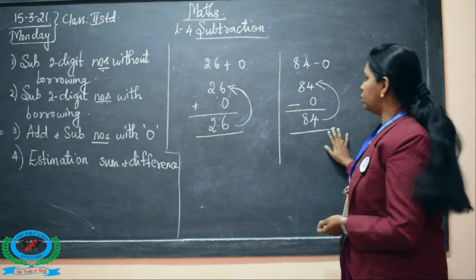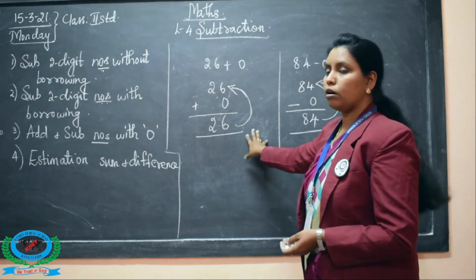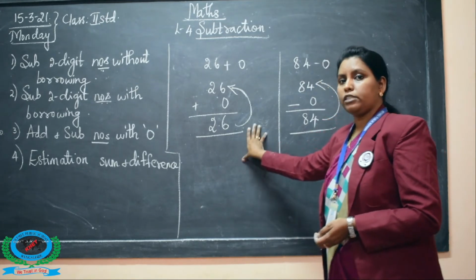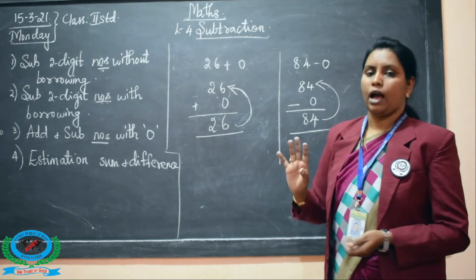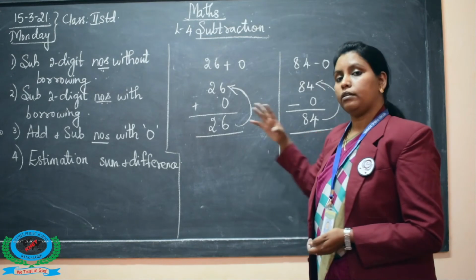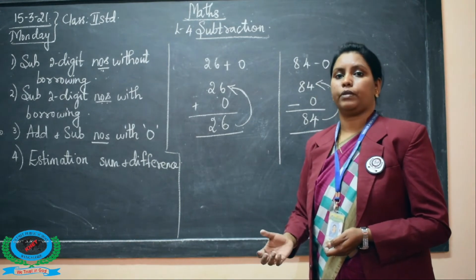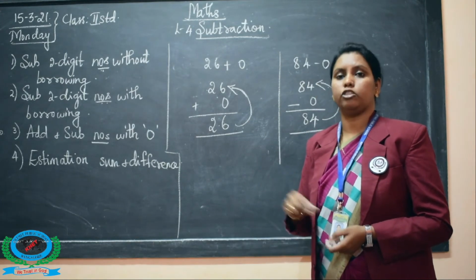So this was the concept of 0 for addition as well as subtraction. Whichever number you add or subtract with 0, the answer will remain the same, the number itself.